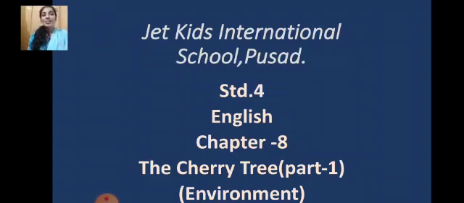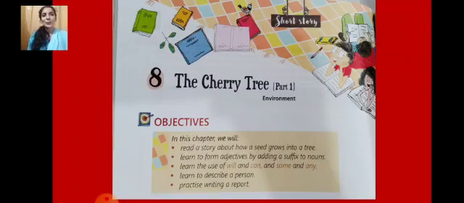So children, today our topic is chapter number 8 of your course book, The Cherry Tree, part 1, and the theme is environment. Yes children, and what we are going to learn in this, let's see. It's a short story. The objectives are: read a story about how a seed grows into a tree.